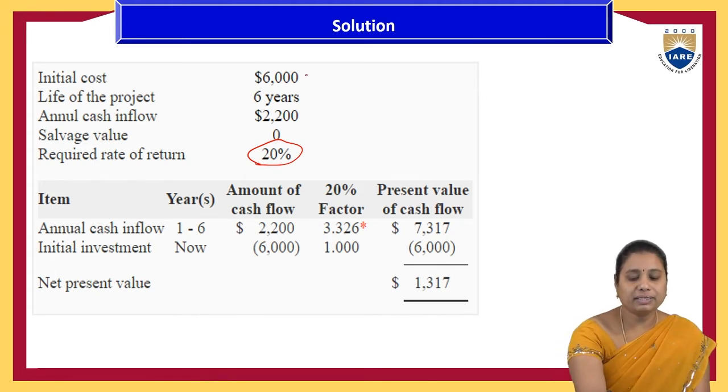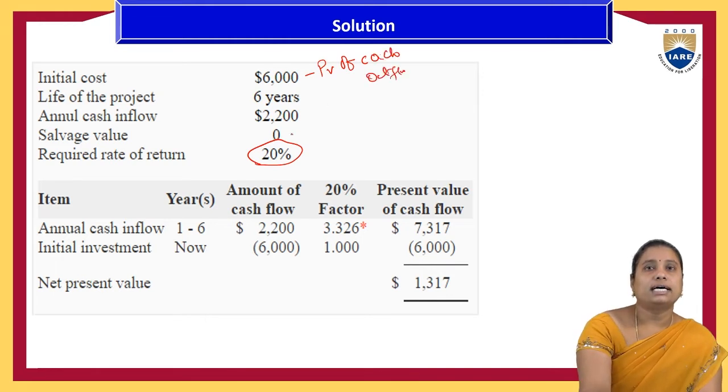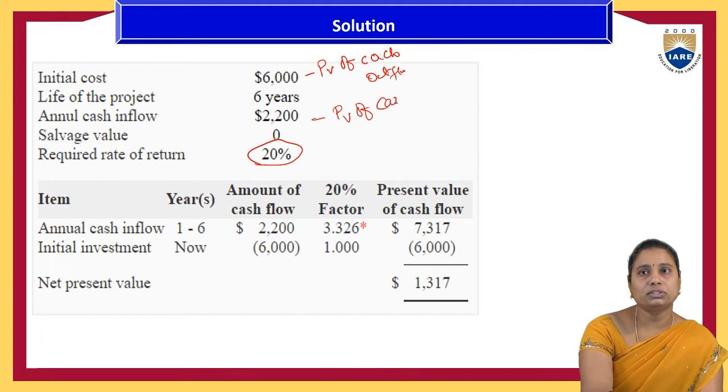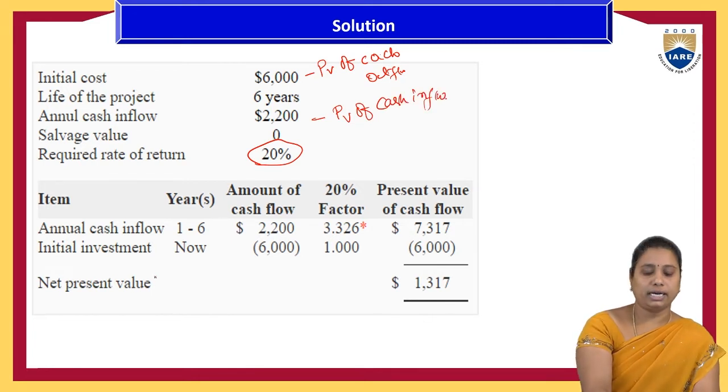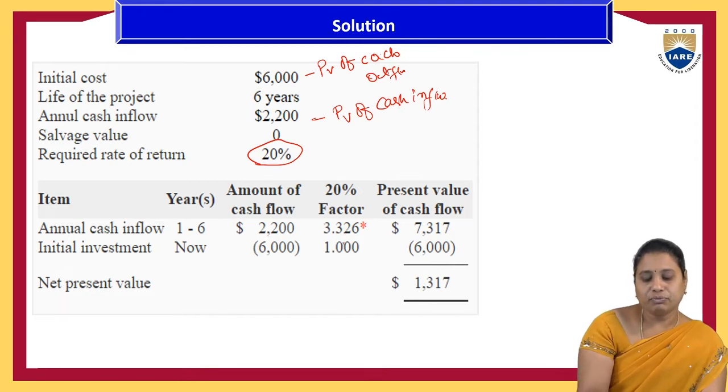So the 6,000 will be called the present value of cash outflows. The 2,200 will be called the present value of cash inflows, with the annual cash inflow for years 1 to 6 being 2,200 at a 20% factor.